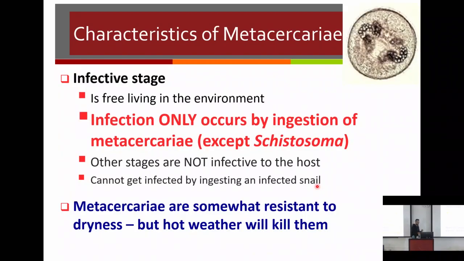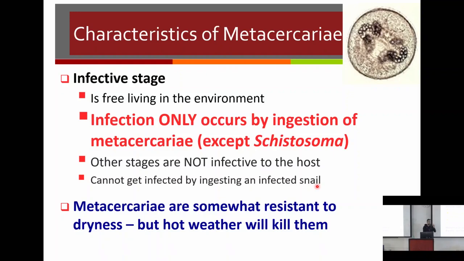So, the characteristics of the metacercariae. The infective stage of nematodes, which larval stage is that? L3, correct. Here, metacercaria is the infective stage that can infect the host, and the host takes in these metacercariae.